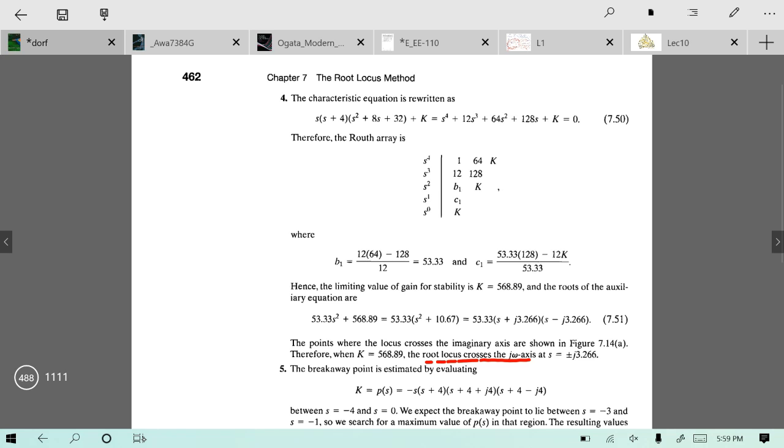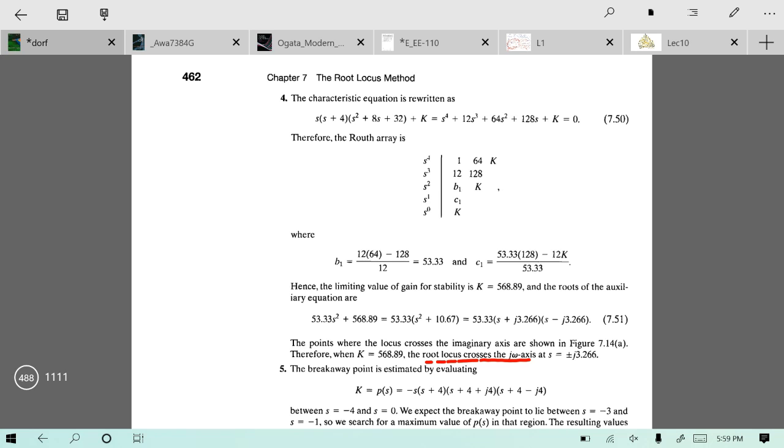This is B1, and you can write 53.3 in place of B1, and this is K, and this is the expression for C1, which is 53.33 into this one.